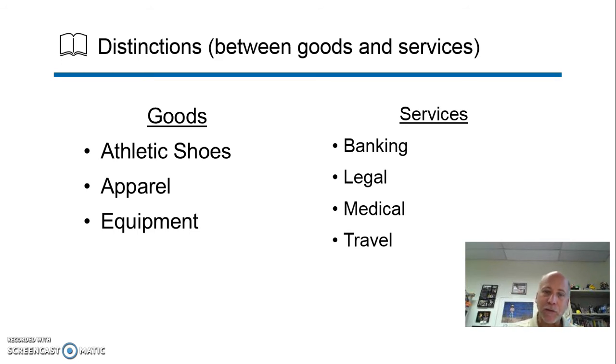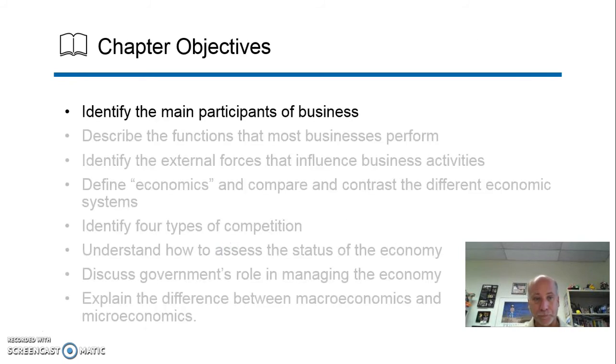But in many cases, when we talk about business, we talk about the products that they offer. And it's important to keep in mind that when we talk about products, we're talking about both goods and services. And there is a distinction between having a business that provides a good and a business that provides a service.